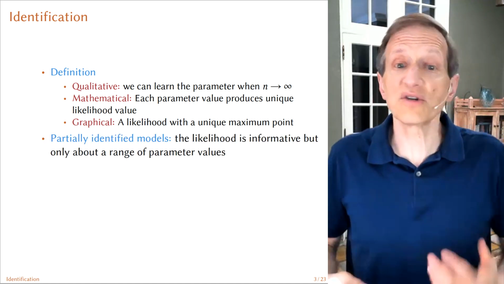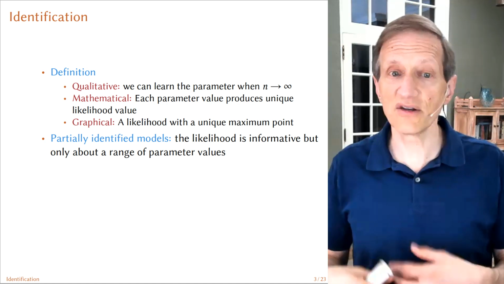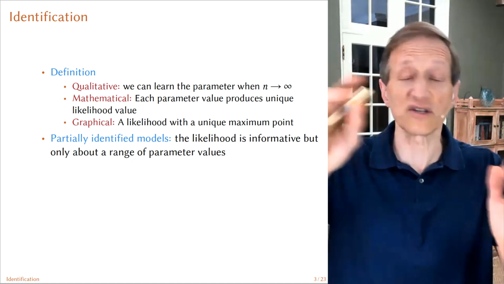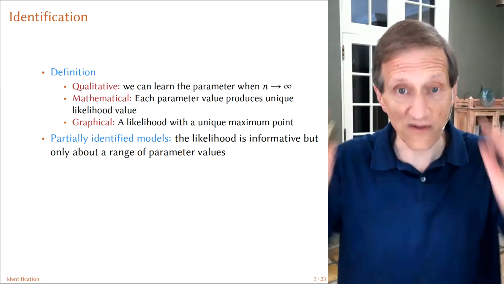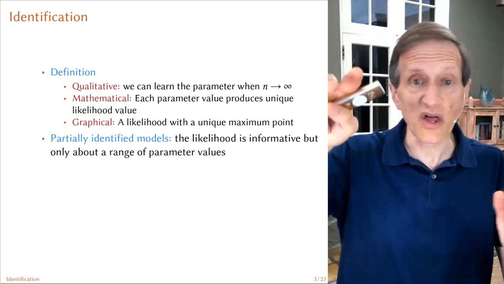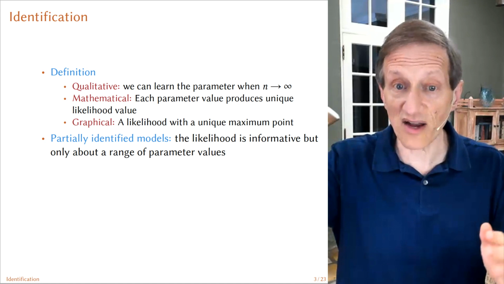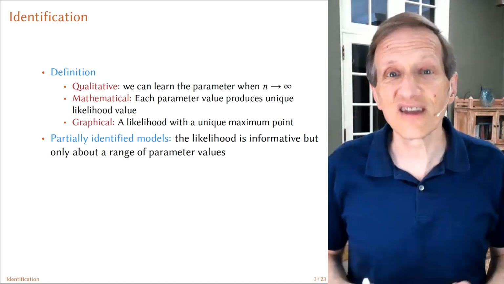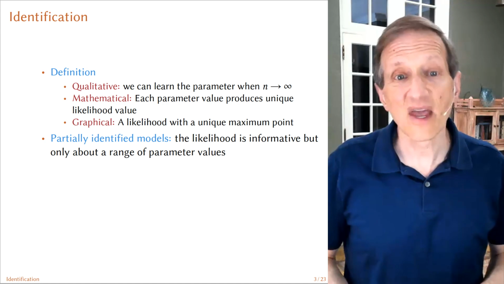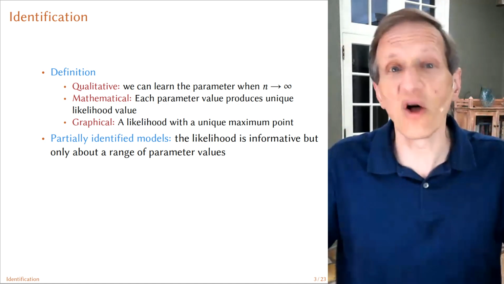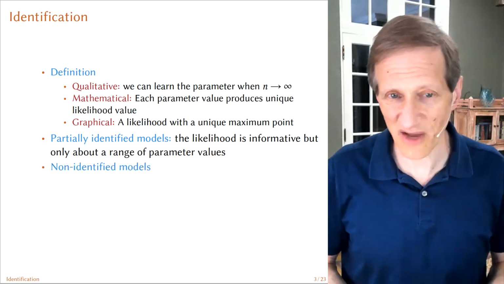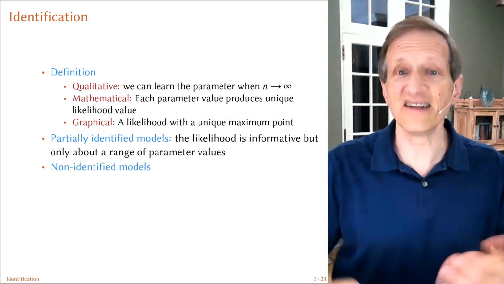There are partially identified models where the likelihood is informative about only a range of parameter values. I mean, if there's a plateau and it comes down on the sides, then you sort of know the maximum is somewhere in there, or there is no maximum really, but that range is what we should focus on. But sometimes it's not identified at all, in which case there's basically no information about that parameter value at all. That would be a non-identified model.